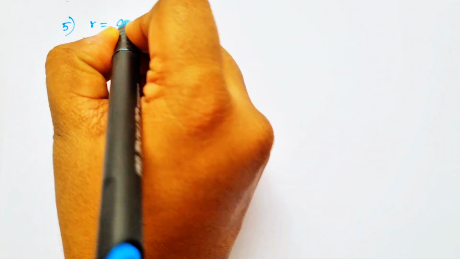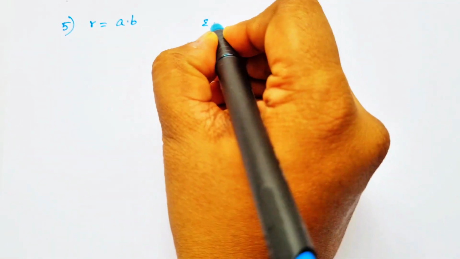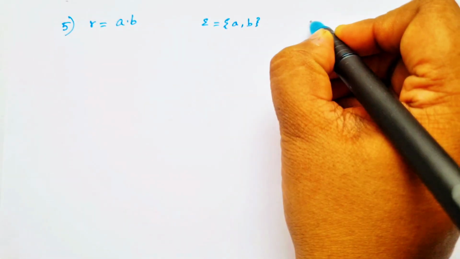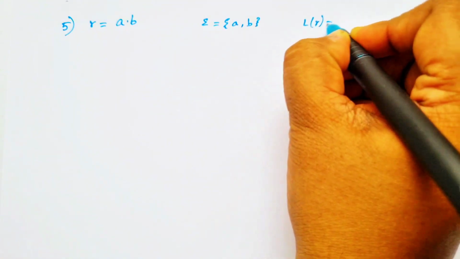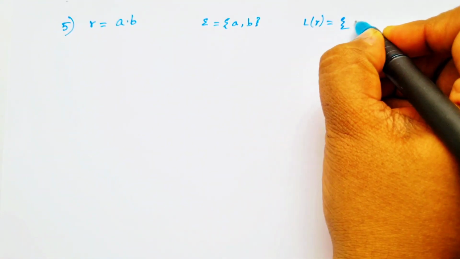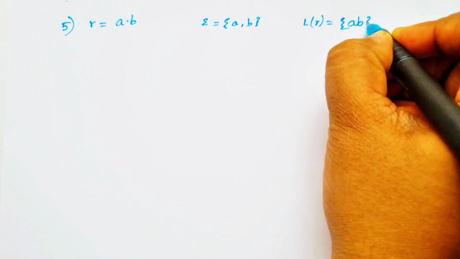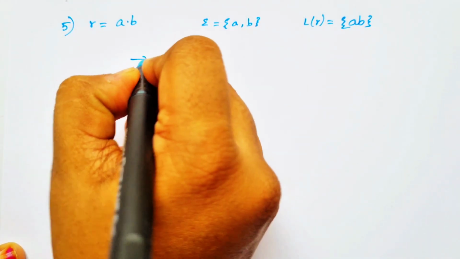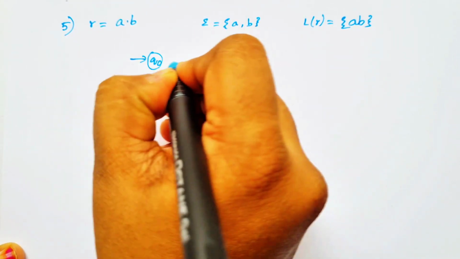Next, if R is A dot B, meaning the input symbols are A, comma B, and the language contains the string A followed by B, meaning the only string AB. Now you can see the diagram.